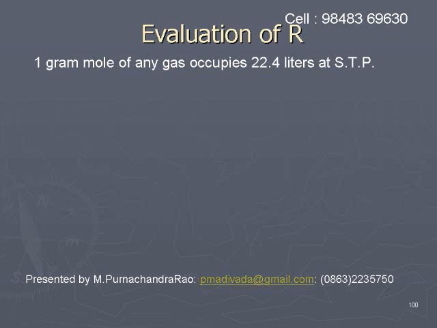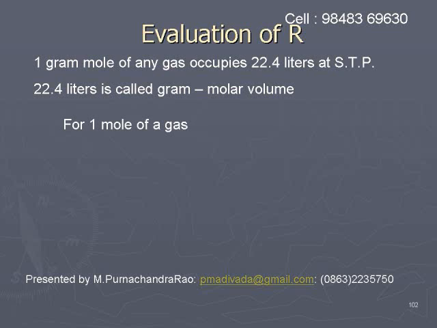Evaluation of capital R. 1 gram mole of any gas occupies 22.4 liters at STP. 22.4 liters is called gram molar volume.